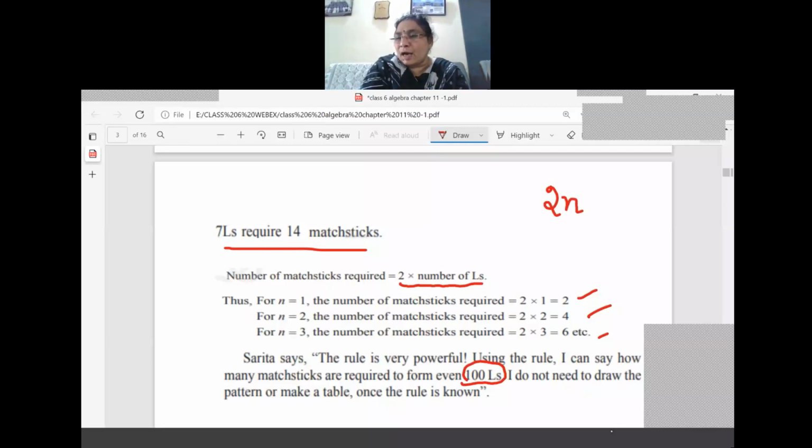So n we replace with 100. So how many matchsticks are required? 200. I think you got the idea. So in our daily life, we are forming a pattern. We are making a rule with the help of algebra. Then we can go for any higher number also, isn't it? It is one of the situations we had given.